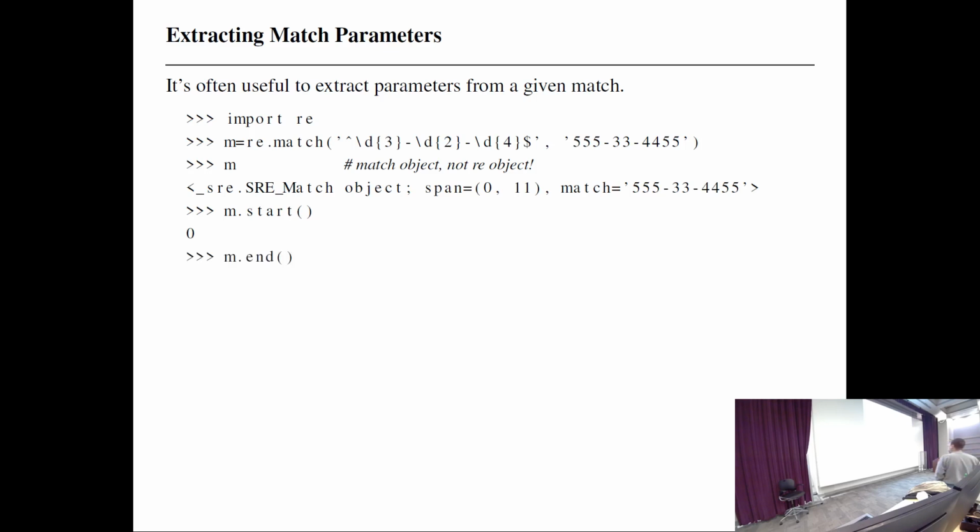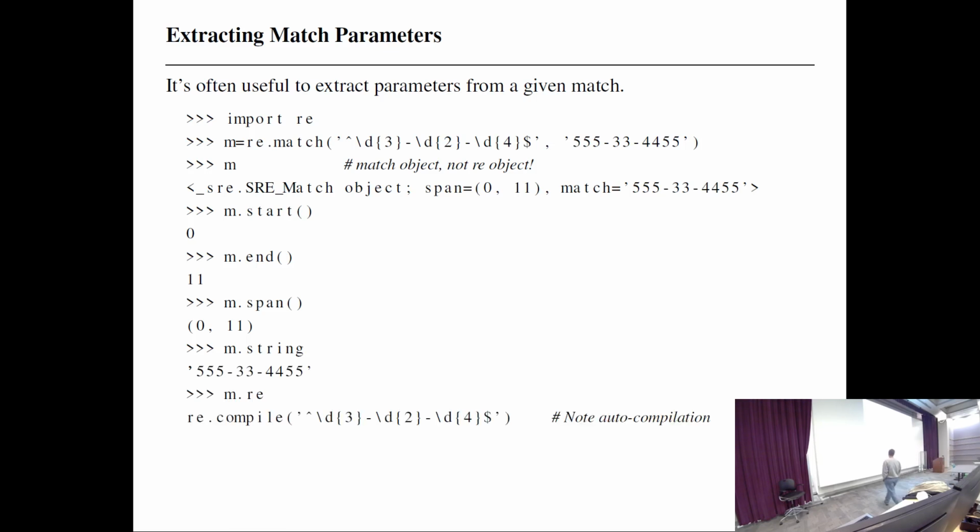I can use the end method to get back the end index, one over the last character of the matching element of the target string. I can ask for the span, and I'll get a tuple back, which is what we see in the printed representation. And I can ask for the string, which gives me that match string over there.